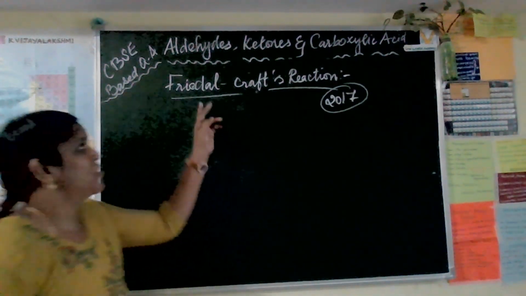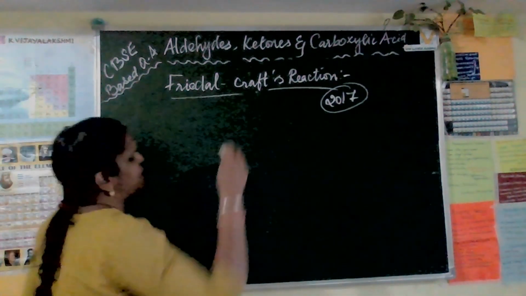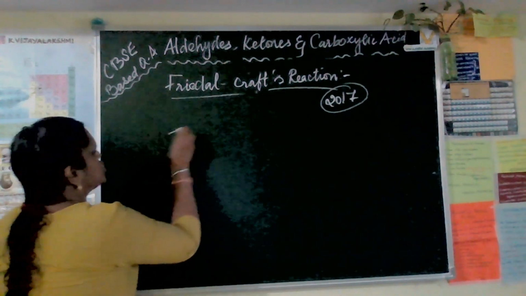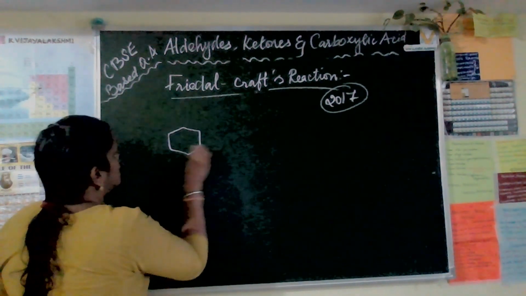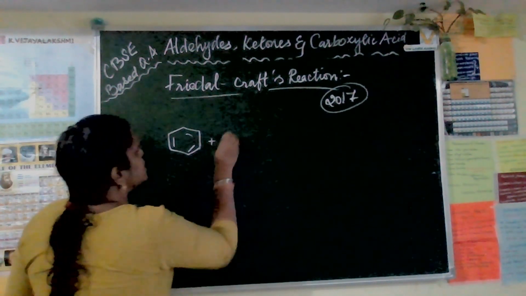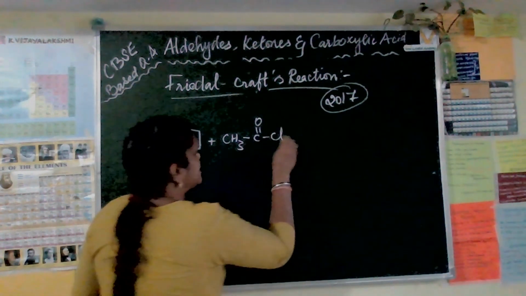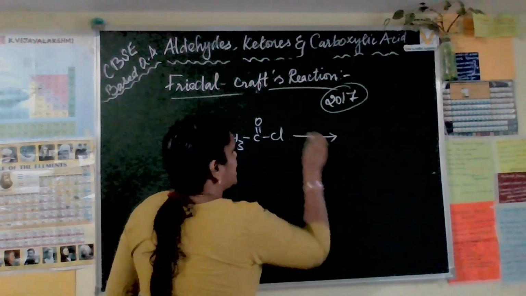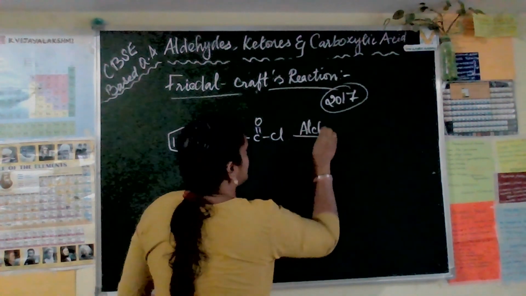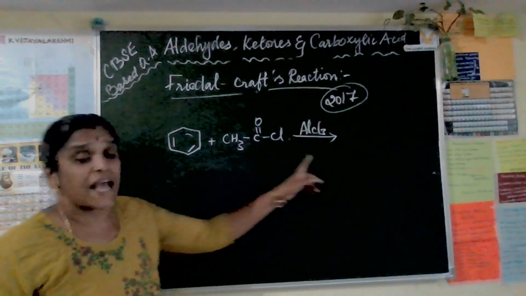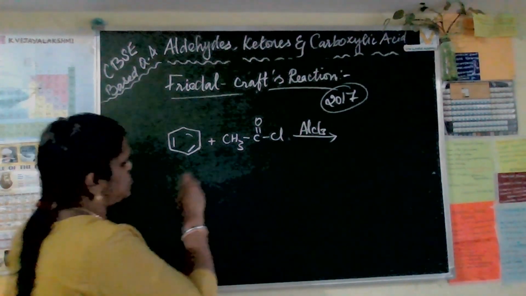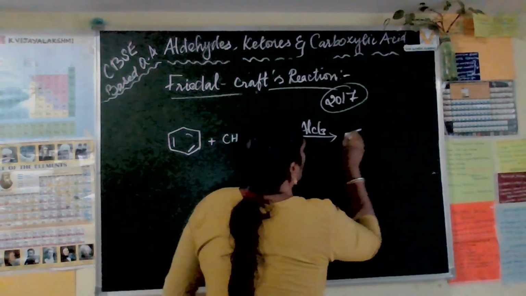Now, one more interesting question: the Friedel-Crafts reaction, and it's very important. Benzene reacts with acetyl chloride, CH3 C double bond O Cl, which is an acid chloride, in the presence of AlCl3. AlCl3 acts as a Lewis acid, as I already mentioned. Now, what is the product you will get?